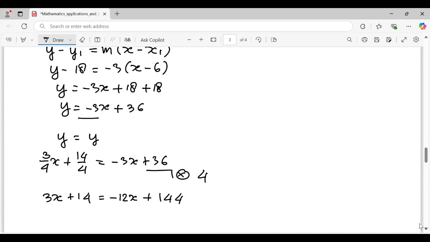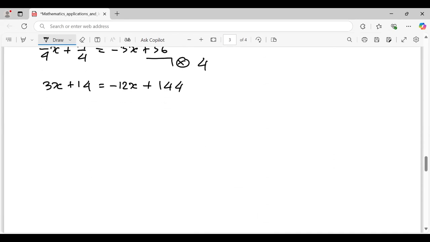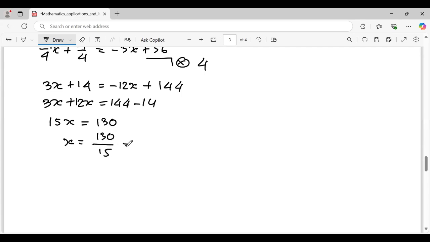I'm going to scroll down. Okay, and then 3x plus 12x equals 144 minus 14. This is 15x equals 130. So x equals 130 over 15, simplified to 26/3. Or if you want to simplify, this is 8 2/3.